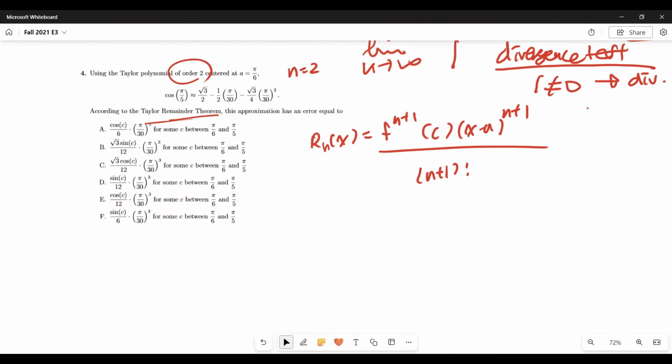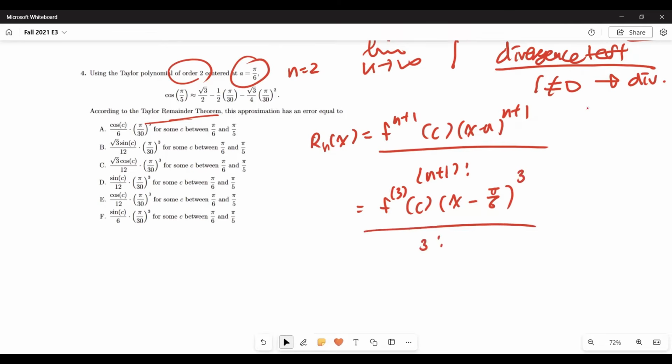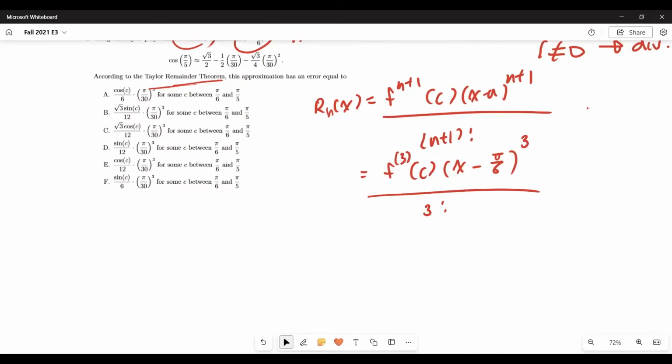So this is going to be the f third derivative at point c, times (x minus pi over 6) cubed, because a is pi over 6, n plus 1 is 3, over 3 factorial. Okay, we know that. Cool. And let's find the f third derivative.